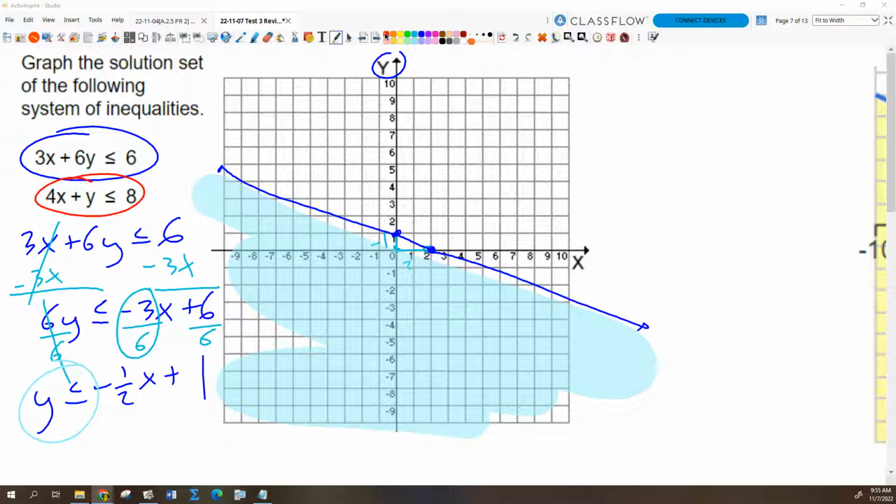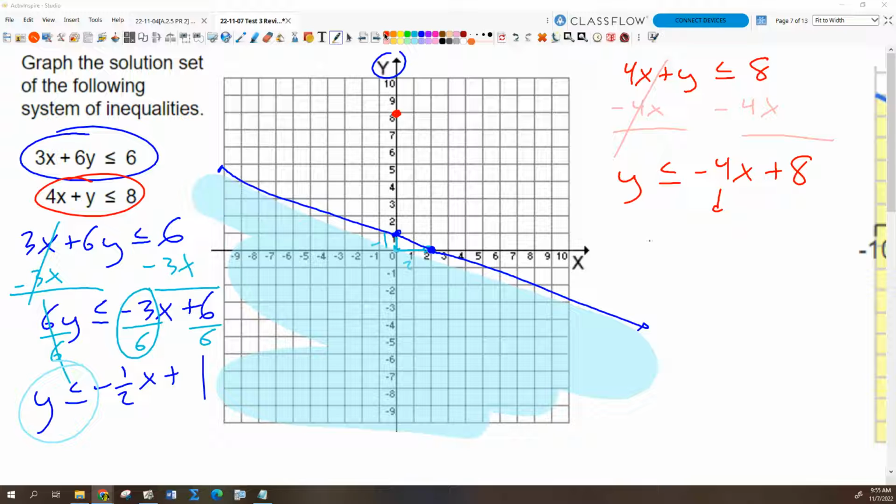For the other line, the red line, this one's a little easier to do, isn't it? Pretty easy to isolate y for this one. Just subtract the 4x to the other side and I'm done. So those guys cancel. I get y is less than or equal to negative 4x plus 8. Johnny, how am I going to graph that? Okay, so start at 8. There you go, right?